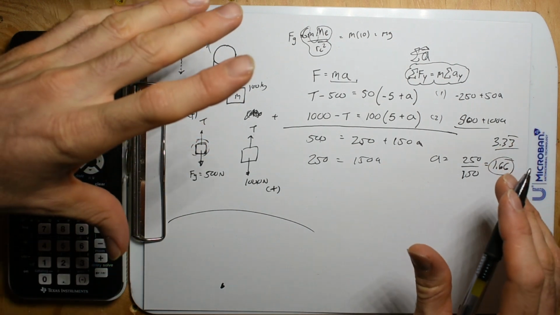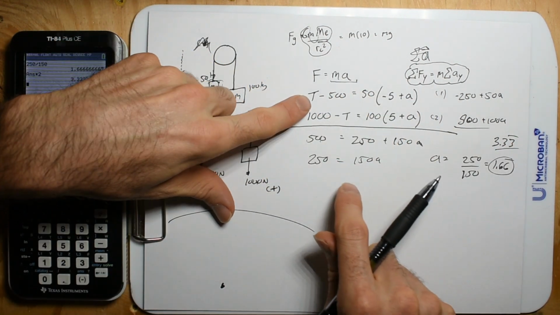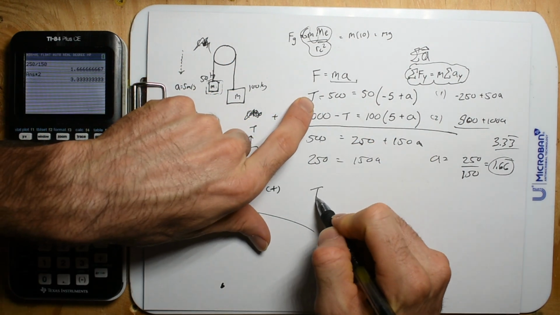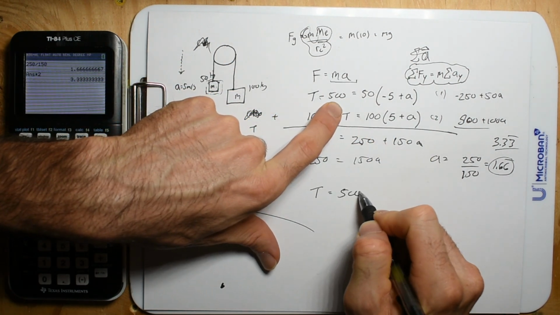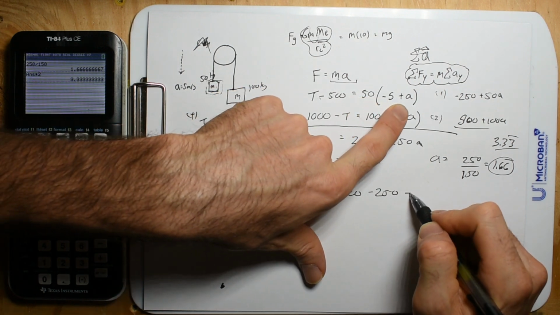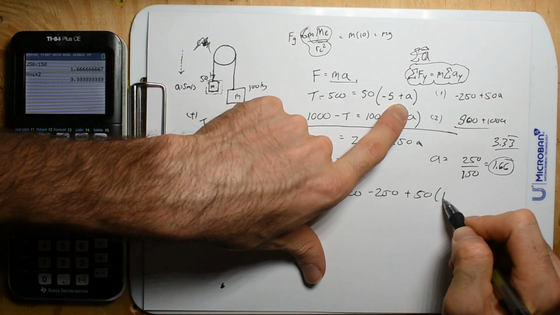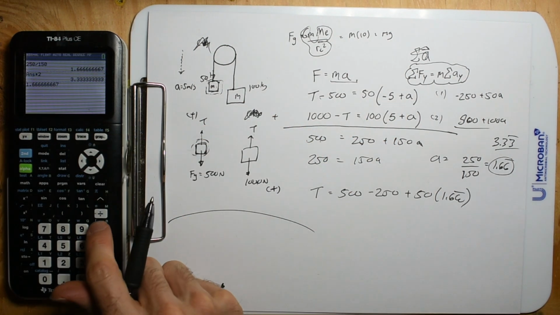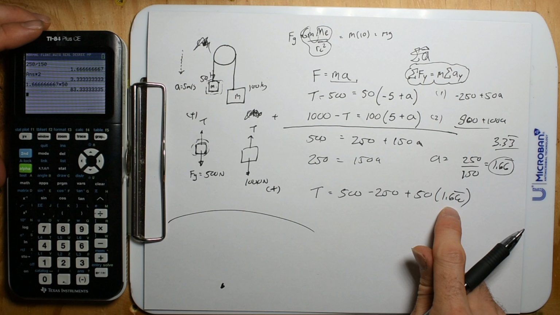Now let's find the tension. Well, it's all buggered up in here, but we got tension is equal to, we're just going to take that 500 to the other side, minus 250, and then plus 50 times 1.66. Cool. So what's this times 50? 83.